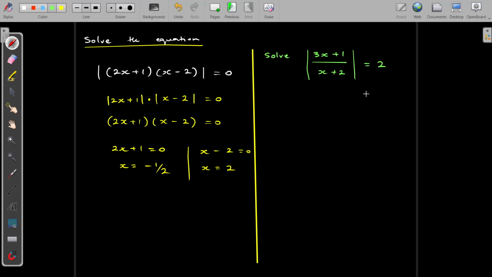So what is usually recommended is that we square, well, not square, we multiply by the square of the denominator.